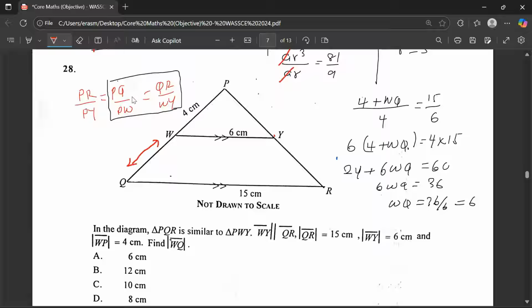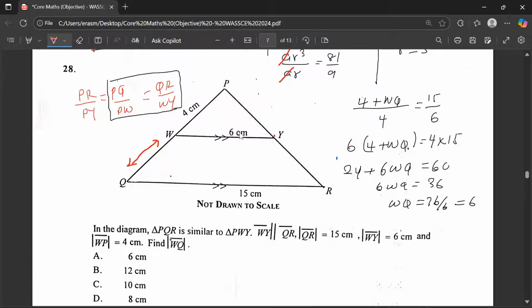the same as, is equal to, the line PQ over the shortest one, PW. And this is also equal to the line QR, the longest one, over the shortest one, WY, this side, right?